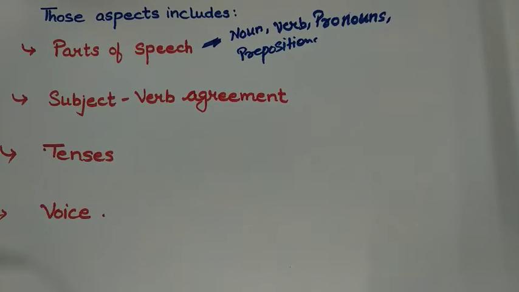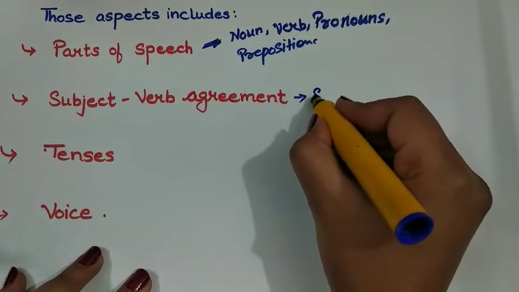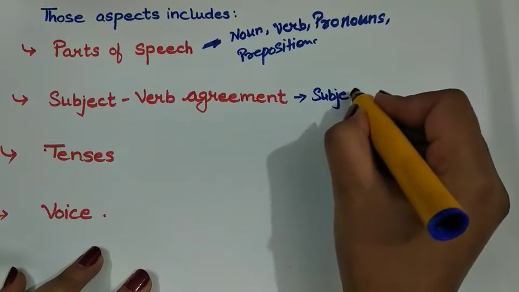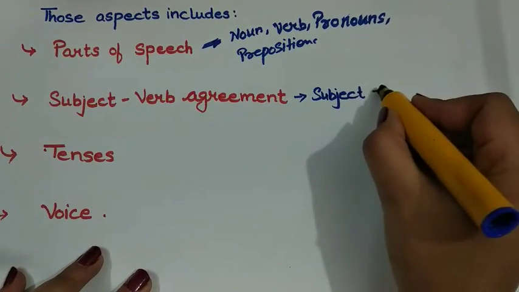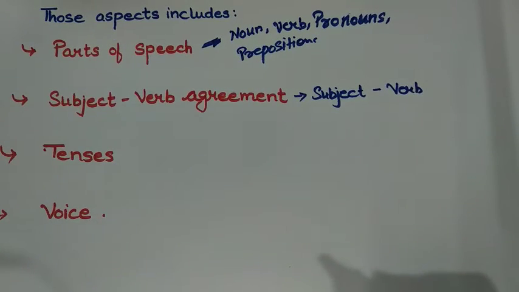Next comes subject verb agreement, where you get to know how the subject balances with the verb. If the subject is singular, the verb should be singular, and if the subject is plural, the verb should be plural. And it is not just this much only; there are a lot of rules you need to practice.